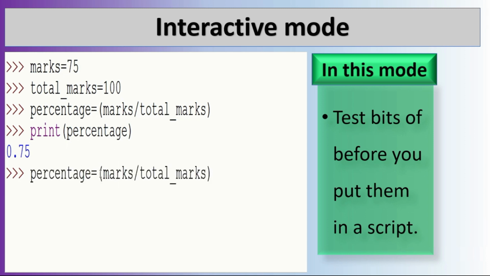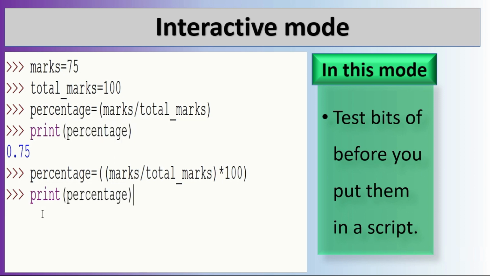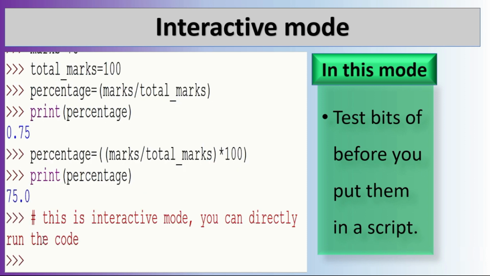Percentage equal to marks divided by total marks into 100. Now print the percentage, it is 75. Okay, this is interactive mode, you can directly run the code.